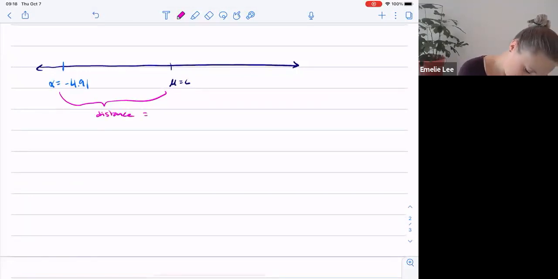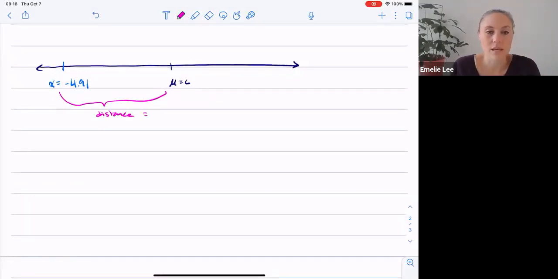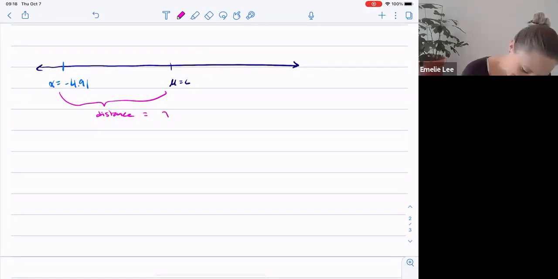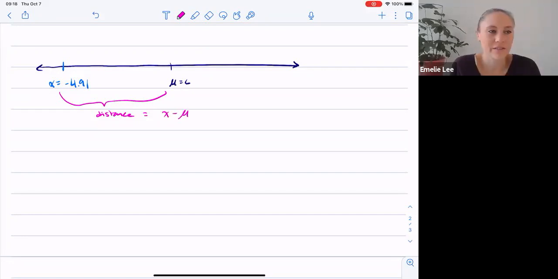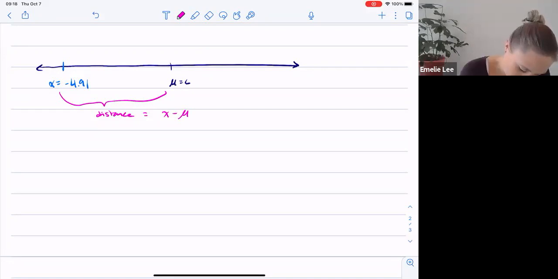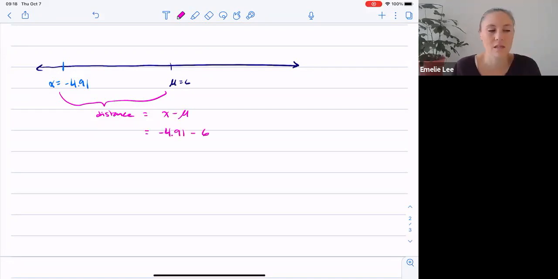This distance is going to be mu plus, but I want it to match the formula. So if I take x minus mu, then I would have negative 4.91 minus 6.